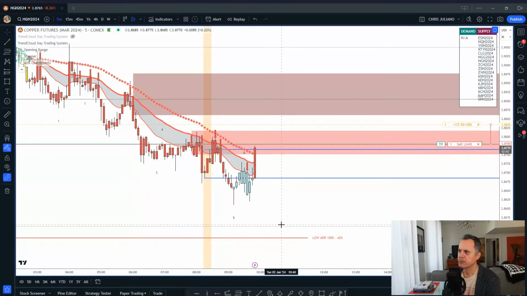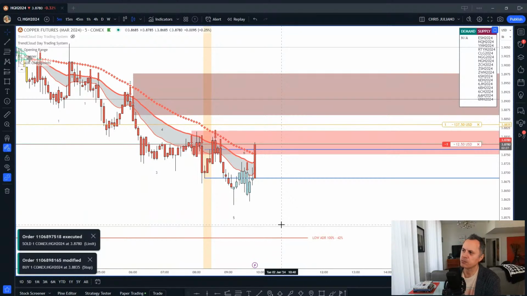It might work, it might not work, but at least we've got a 1% risk on there, and we are pulling back into a tremendous amount of downward momentum. Okay, so we'll see if we could get into this. Okay, so we're in copper now. Let's see if this thing works out.